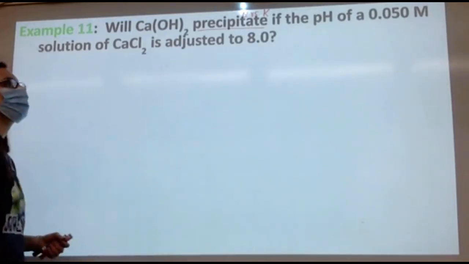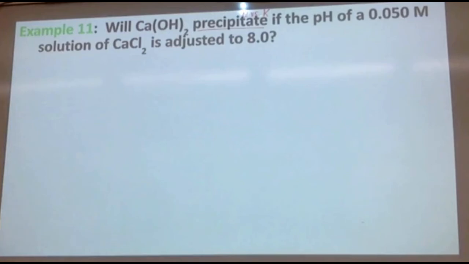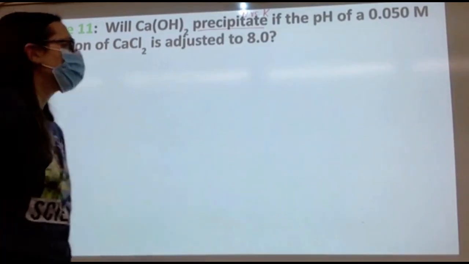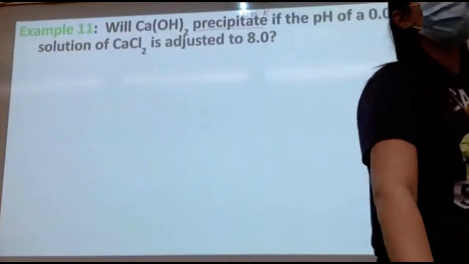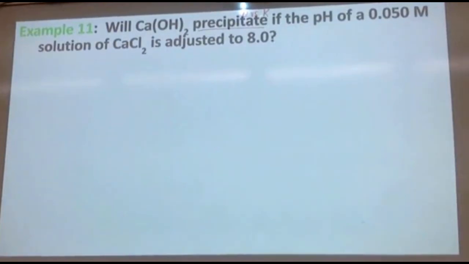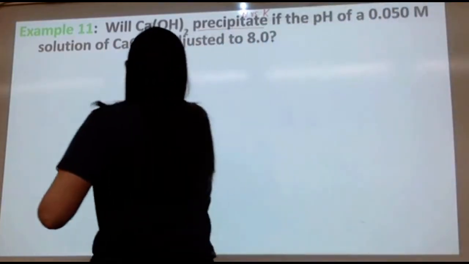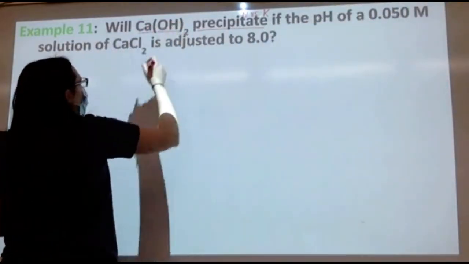So if the pH of a 0.05 molar solution of calcium chloride is adjusted to 8.0. So they really are kind of giving us 3 different things here. Because they're asking us if calcium hydroxide will precipitate, that means this is the solid I'm focusing on.